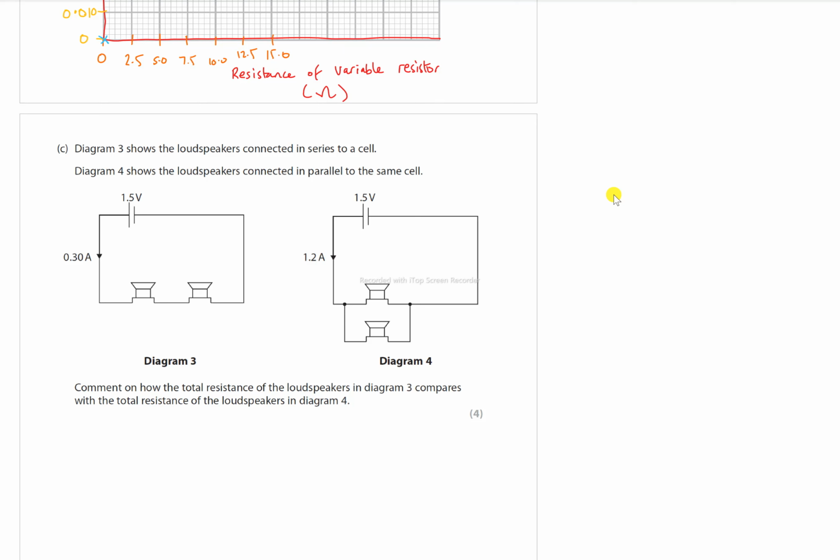So what happens is the voltage is no longer split or shared across the two speakers.